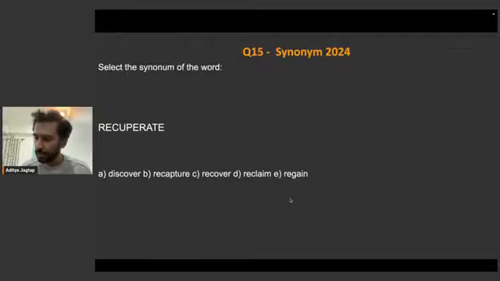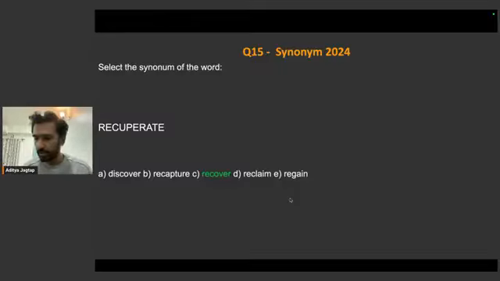Let's look at the next one, synonym of recuperate. This is easy, right? Really easy. Discover, recapture, recover, reclaim, regain.